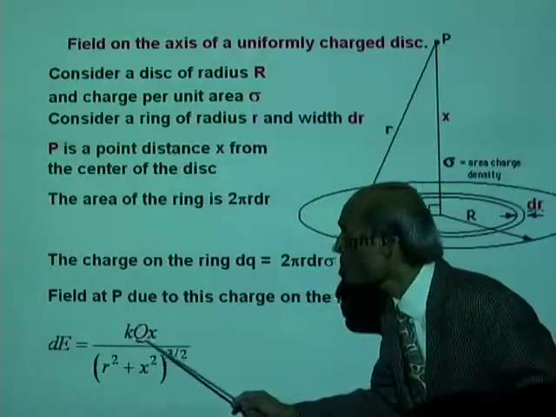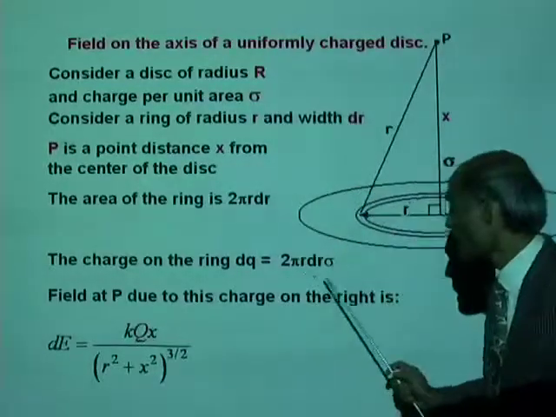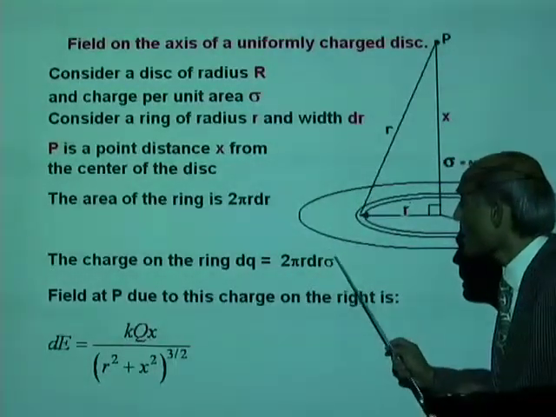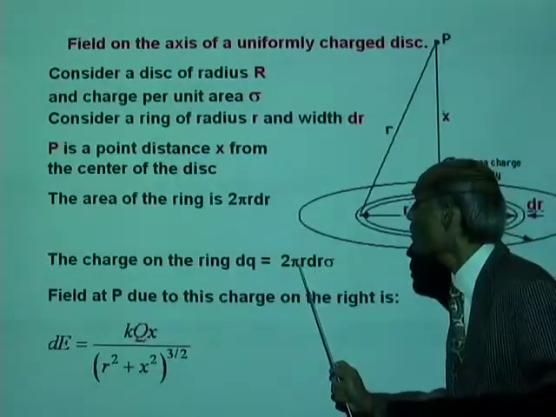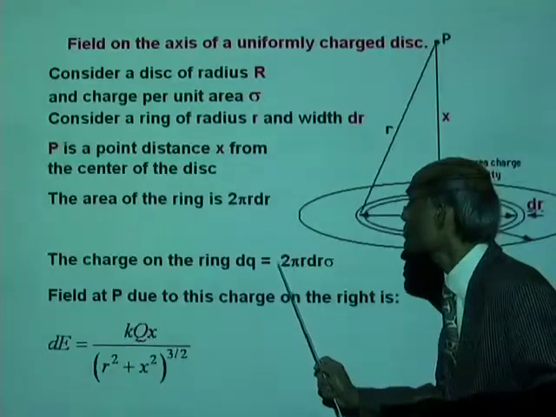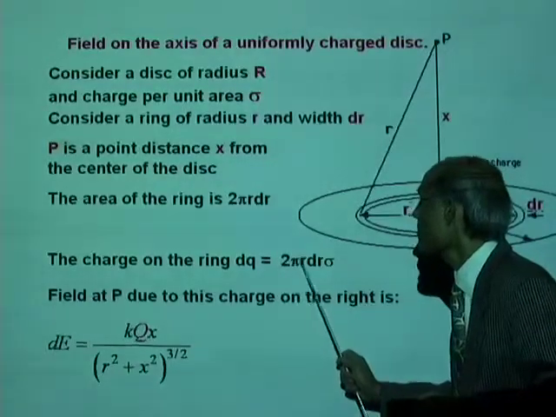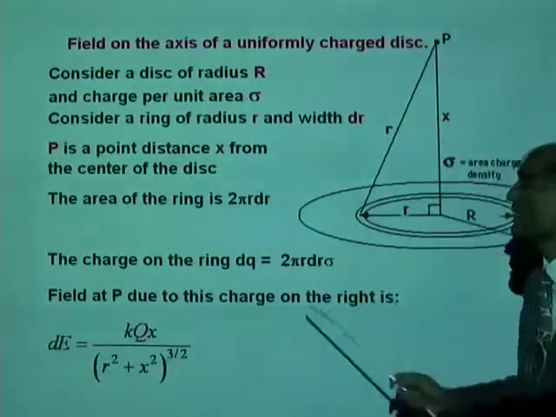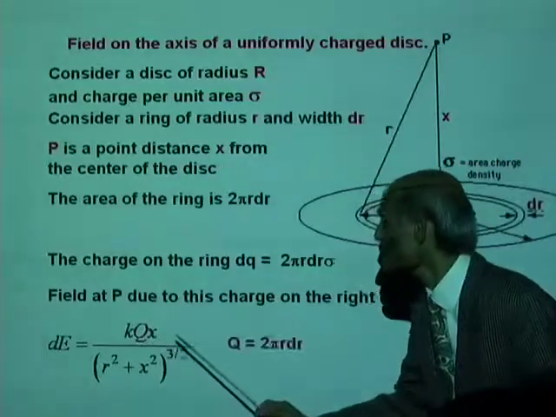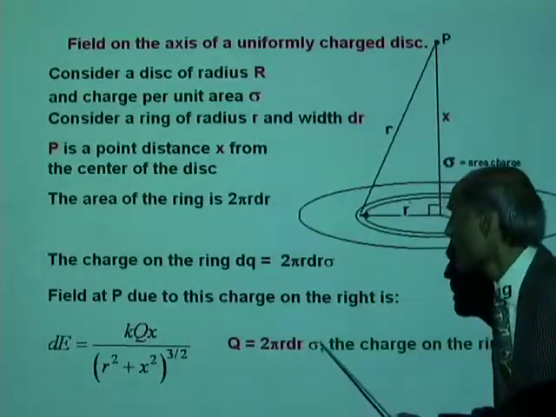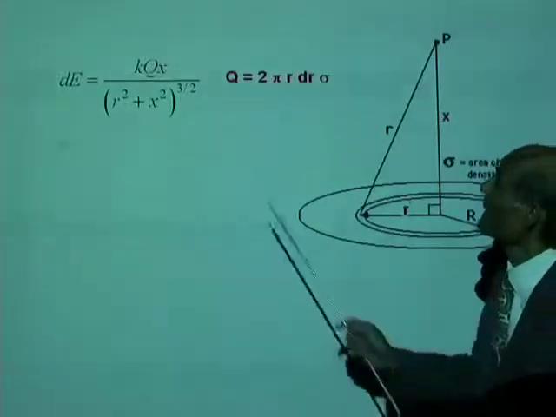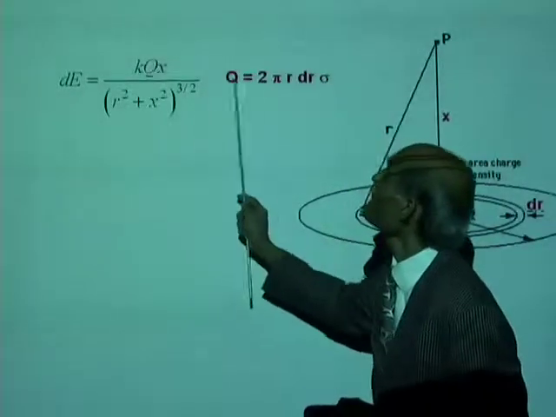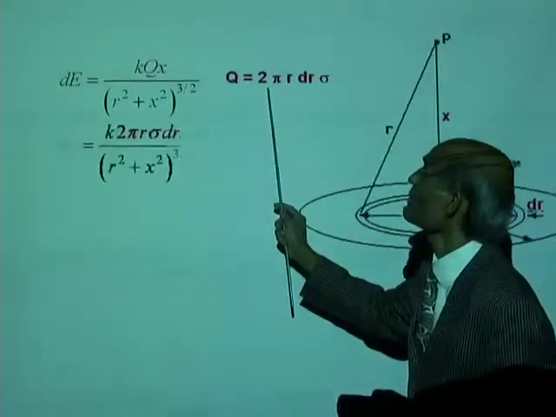And this q we are going to replace by 2 pi r dr sigma, or I will bring this sigma over to here. I will call it 2 pi r sigma dr. So I'm going to replace that q by 2 pi r dr sigma. Alright, let's do that in the next slide. This q will be now replaced by this quantity.